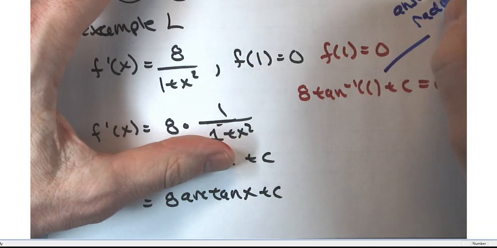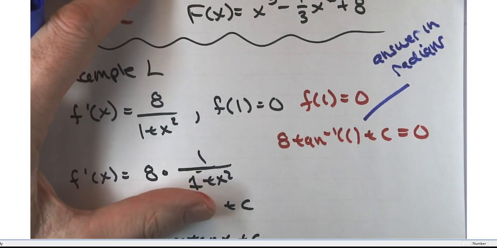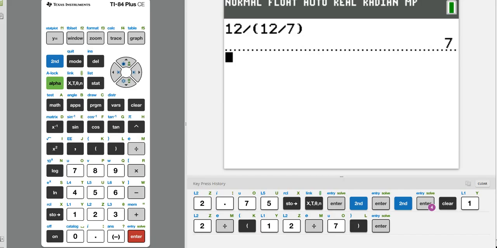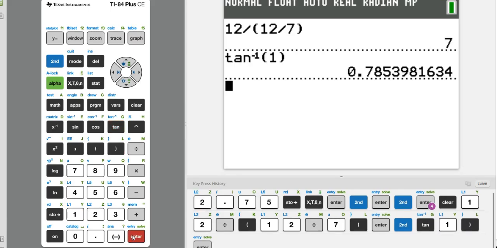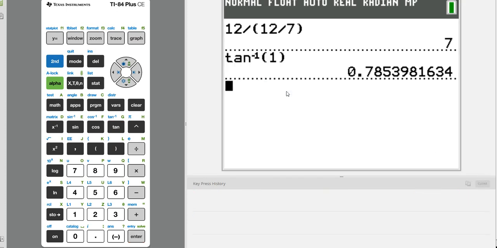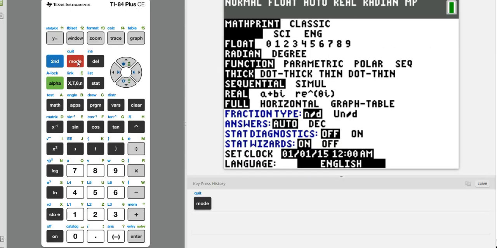Now your calculator is not going to be of direct help here, because if you do inverse tangent of 1, I don't think many of us are going to recognize what that is. Inverse tangent of 1 is like 0.7 something, 0.785. Does anyone recognize that? Is that helpful? No. So briefly, you can put your calculator in degree mode, because it'll probably jog your memory.